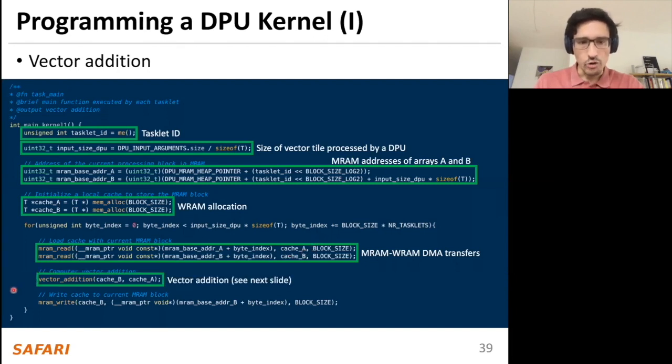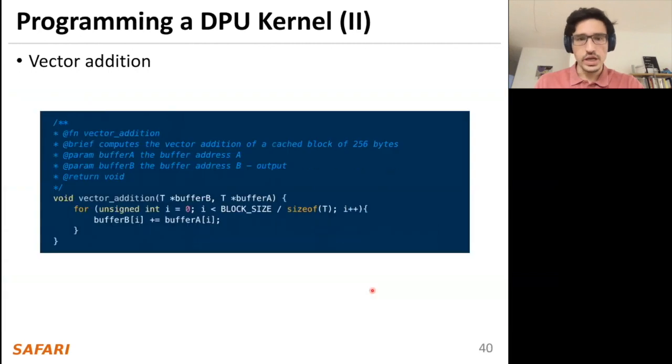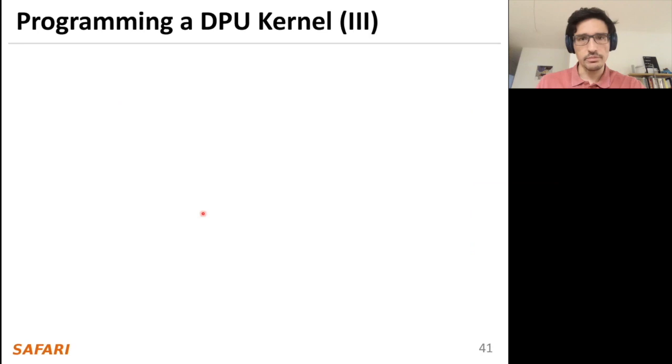Then we perform the vector addition, and when we have the results, we write them back from the WRAM to the MRAM. And here, very simple, the vector addition code, as you can see, is plain C code. We have the corresponding tasklet reading the block size that was just copied to the WRAM, and then going through both input arrays A and B and adding them element by element.